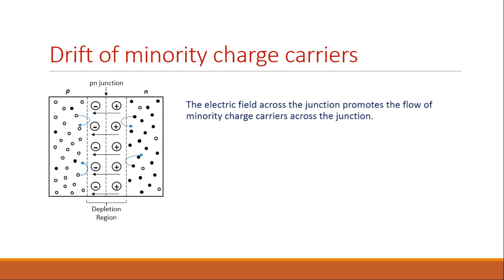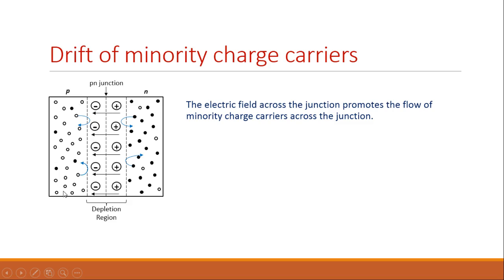Observe this figure. In this figure, a PN junction is shown by the dotted lines. The depletion region is also shown, which has negative ions on the P side of the junction and positive ions on the N side of the junction. These straight lines with arrowheads indicate the electric field, which is directed from positive ions to negative ions.